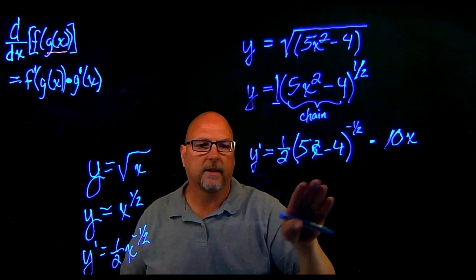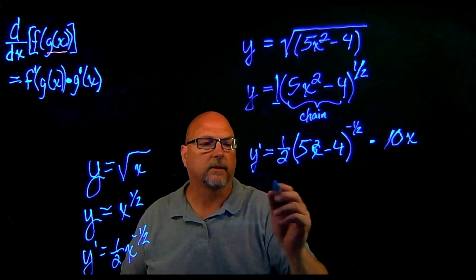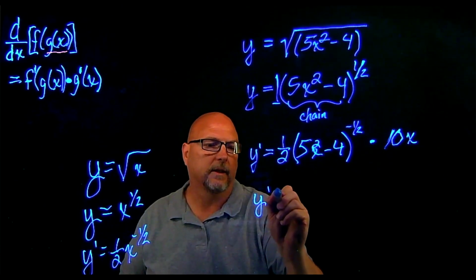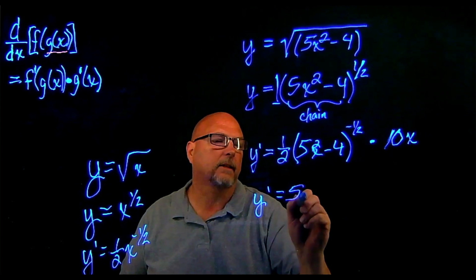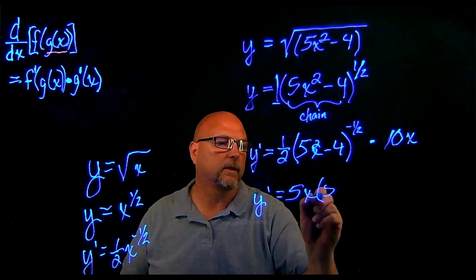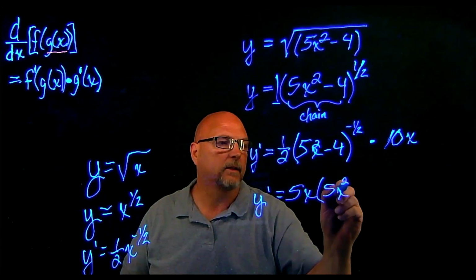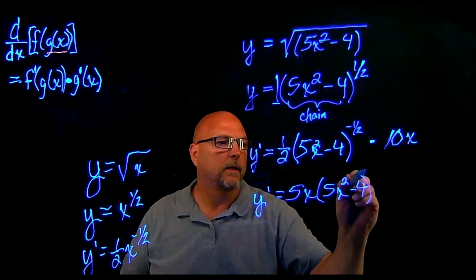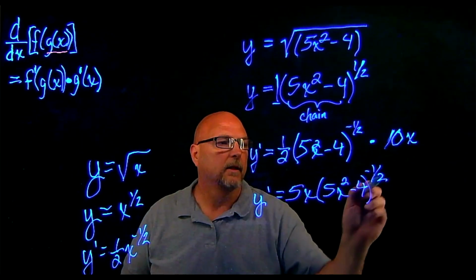So if I clean this up a little bit, half of 10x is 5x. So I could say, all right, this is 5x times the quantity 5x squared minus 4 to the negative 1/2.